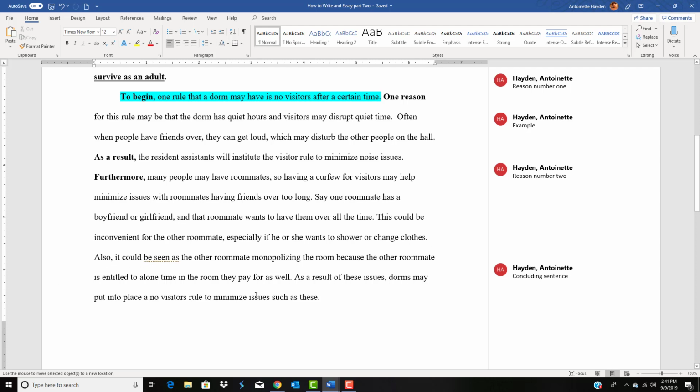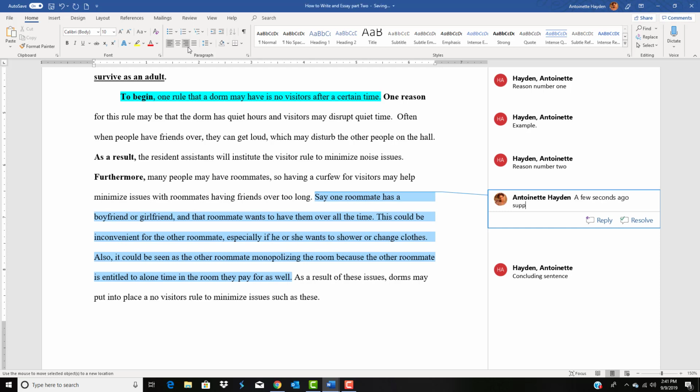Also, it could be seen as the other roommate monopolizing the room because the other roommate isn't getting alone time in the room they pay for as well. As a result, right, so I marked it reason number 2, and these are supporting examples.